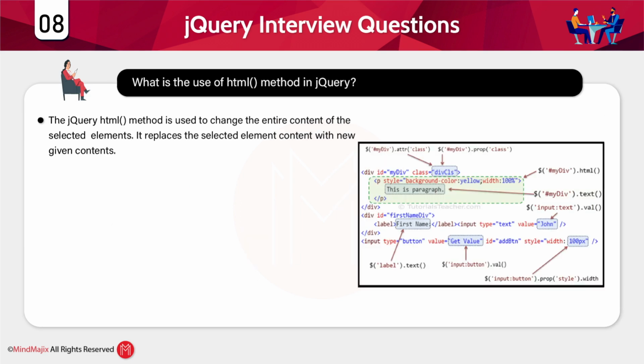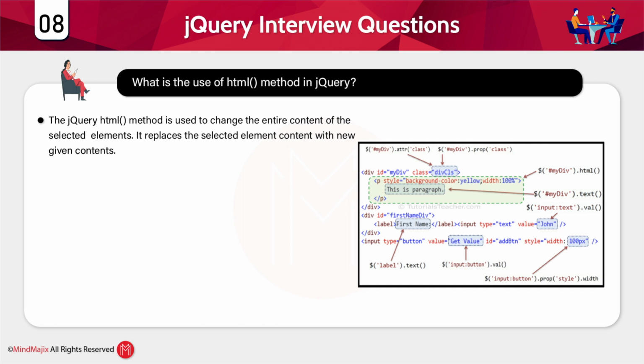So coming to our next question, what is the use of the HTML method in jQuery? The jQuery HTML method is used to change the entire content of the selected element. It replaces the selected element's content with the new given content.